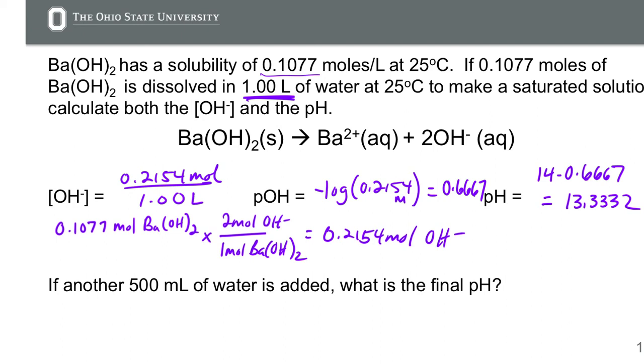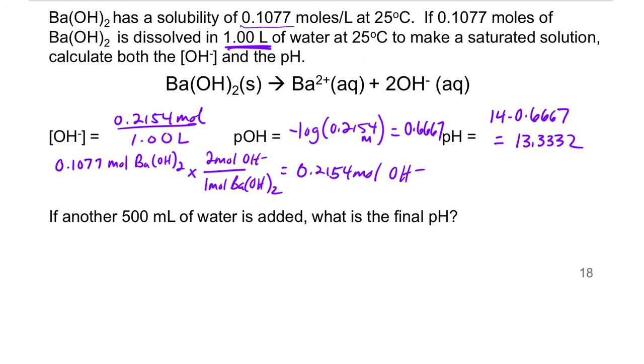Okay. The next part is sort of like what happens if you dilute this solution. So if we start with our 0.2154 moles per liter, and we add 500 milliliters, what happens to the pH? And so basically, to calculate this, we're going to use the number of moles that we started with and divide it by the new volume, which is 1.5 liters now.